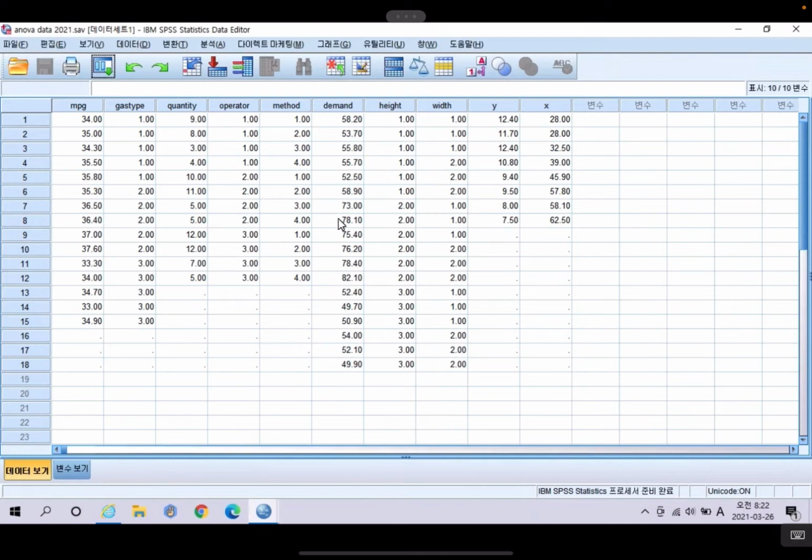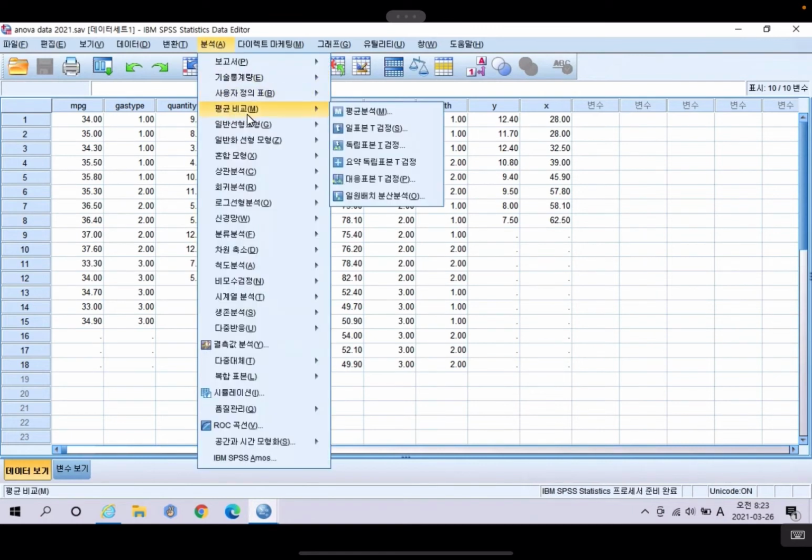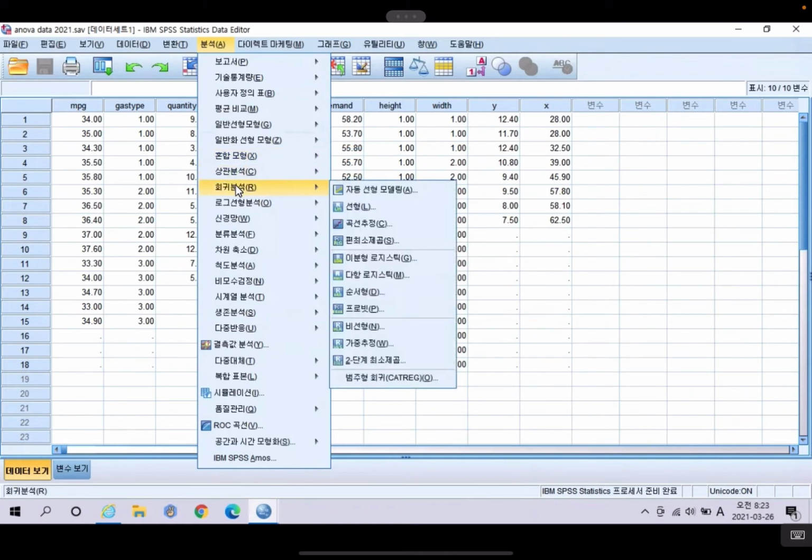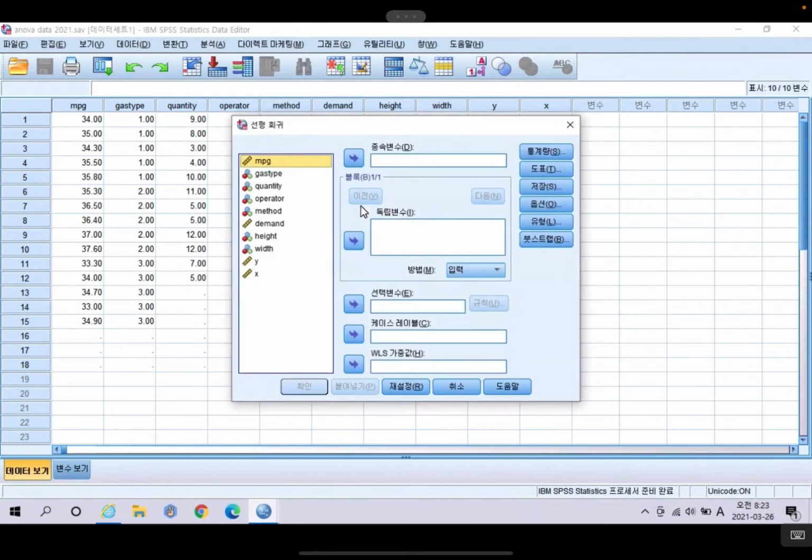Let's go to the analysis here, and we go to the regression here. And then you select the linear, this one. And you move the dependent variable to the right, and you move the independent variable to the right.